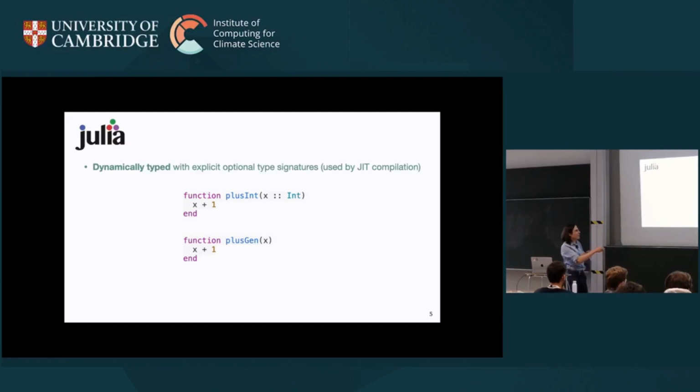So at this point, we don't really know what it is. The compiler is going to have to look at that x for every single time you use this function and try and determine which particular kind of plus you want to use. So these two functions will have very different performance characteristics. This one will be the fast one up here because we've declared its type. And the JIT compiler will use that information.